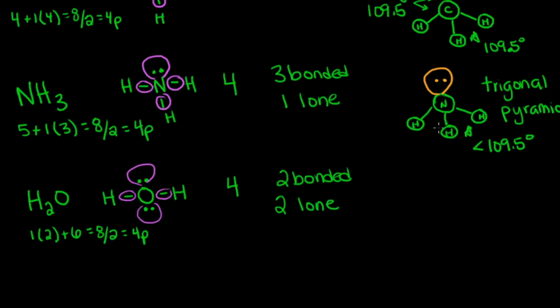So imagine here this less than 109.5 degree bond angle. If one of these got replaced with another lone pair, it's going to get smushed even more. So here's my oxygen. One of my hydrogens is going to be smushed down here, and one of my hydrogens is going to be smushed down there. This bond angle is going to be less than 109.5 degrees. And we're going to call this shape bent.